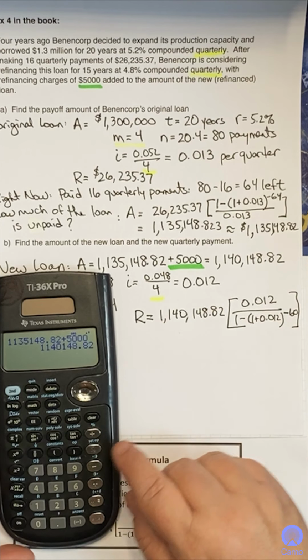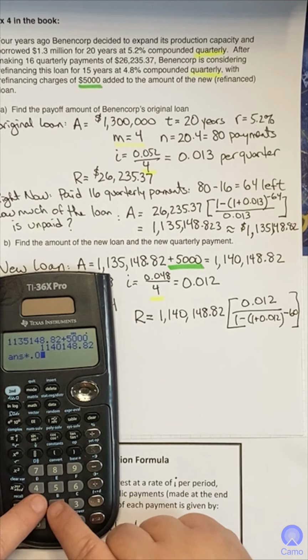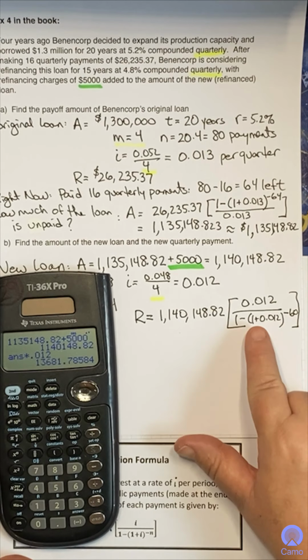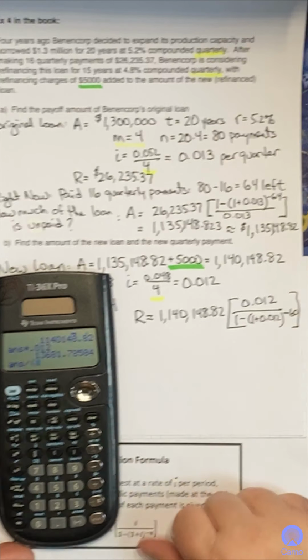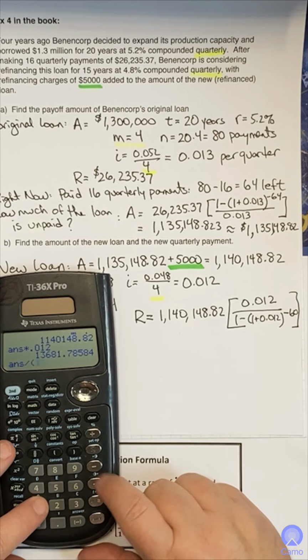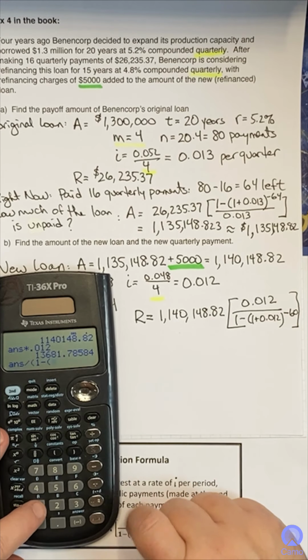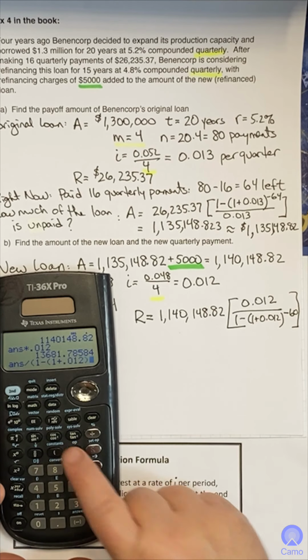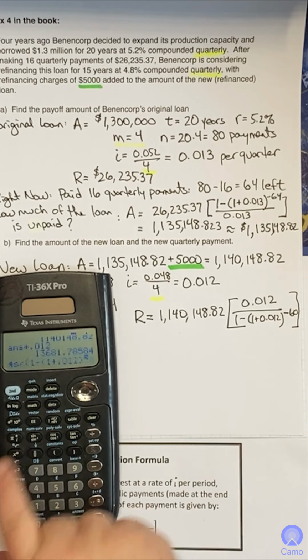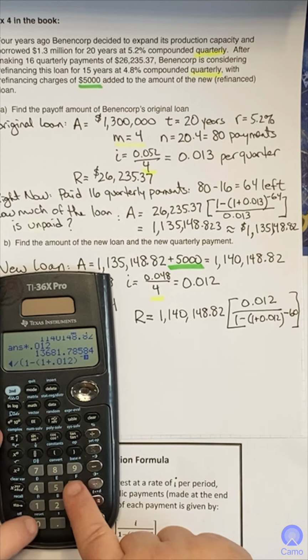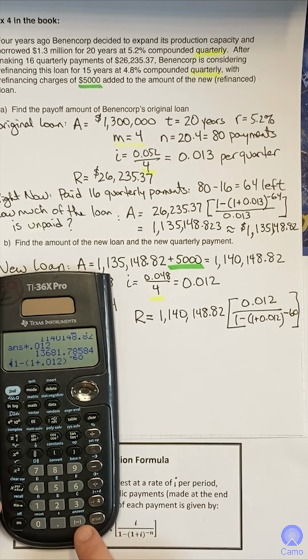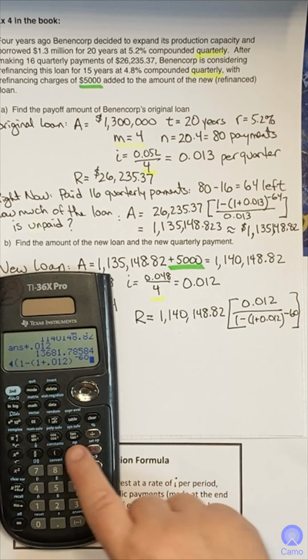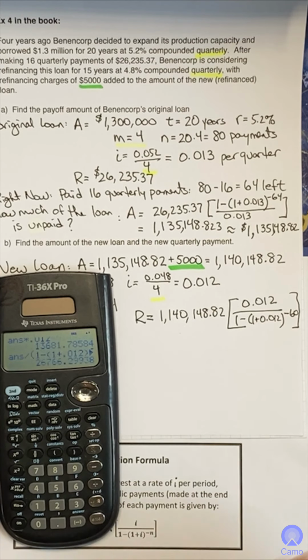I'm going to multiply across the top, 0.012. And then I'm going to divide by, and a bunch of parentheses now, 1 minus, another parentheses, 1 plus 0.012, close parentheses, exponent, negative 60. Again, make sure you use that. Bring it down, close the parentheses.